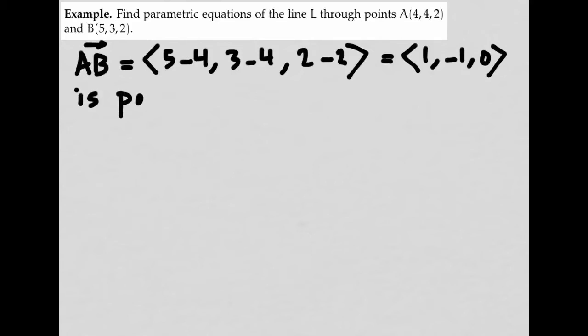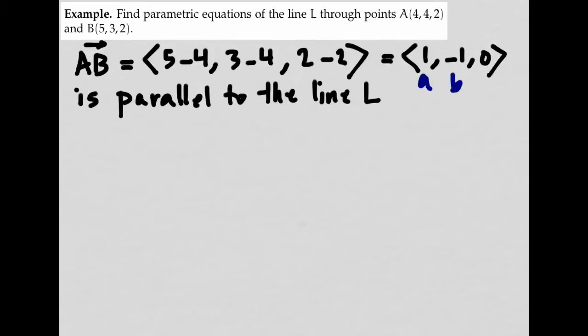So AB is parallel to the line L. This means a is 1, b is -1, and c is 0. These are the components of the parallel vector.